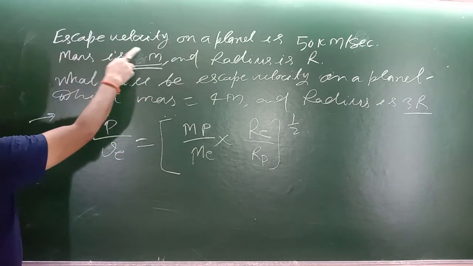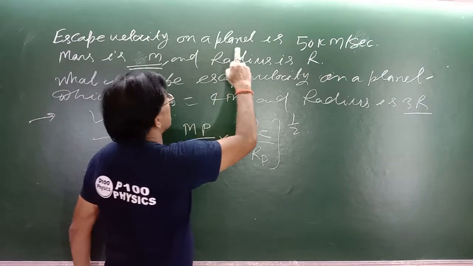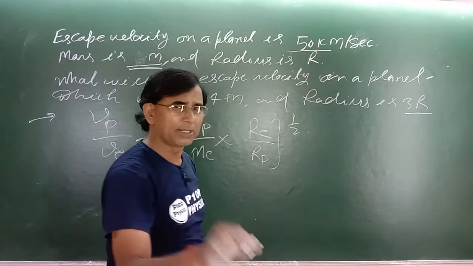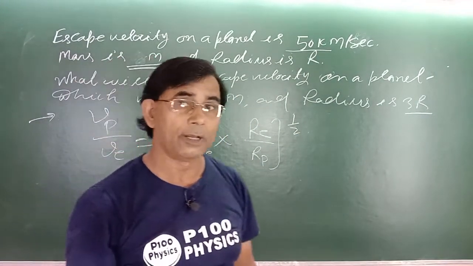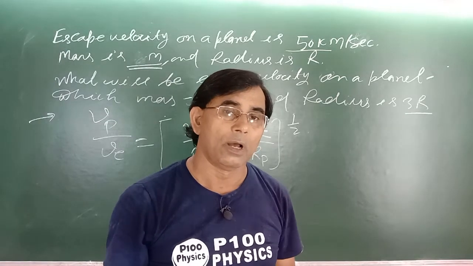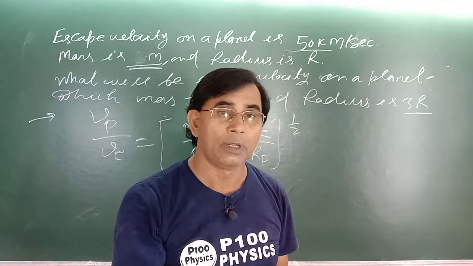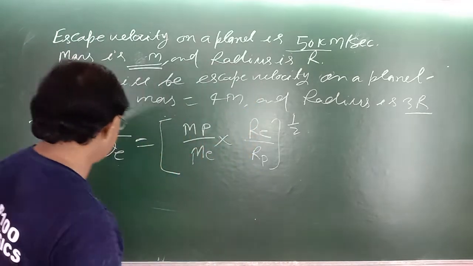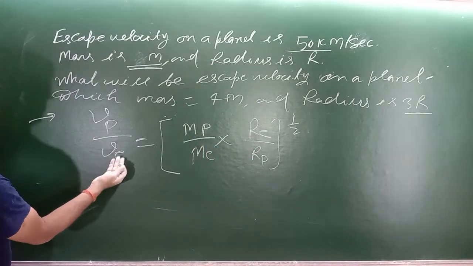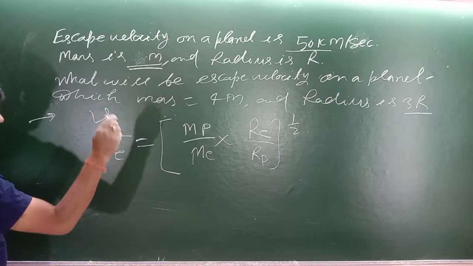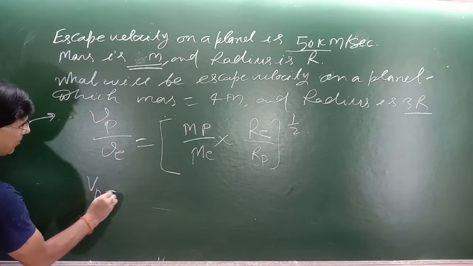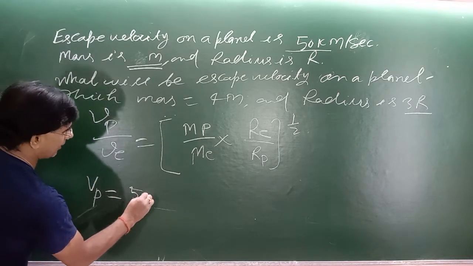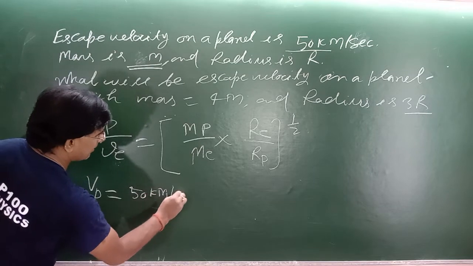This Ve is given 50. First of all, the escape velocity on a planet is 50. Let us consider that the planet is Earth or any other planet, because on the Earth the value of the escape velocity is 11.2 km per second. Therefore, you can consider any other planet. Then Vp will be how much? 50 km per second.